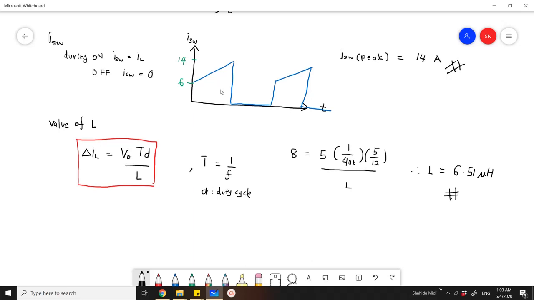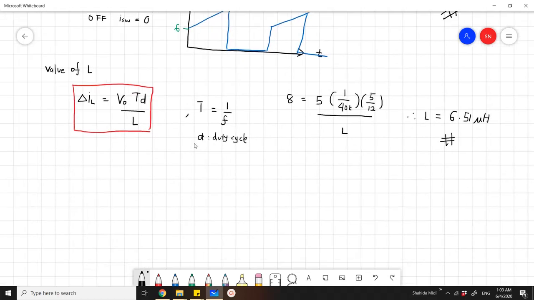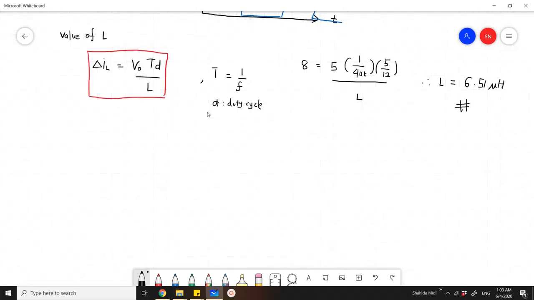Okay, so next is the RMS value for the capacitor current. Again, we will use the waveform of IL to get the information for IC. Okay, so here IC.